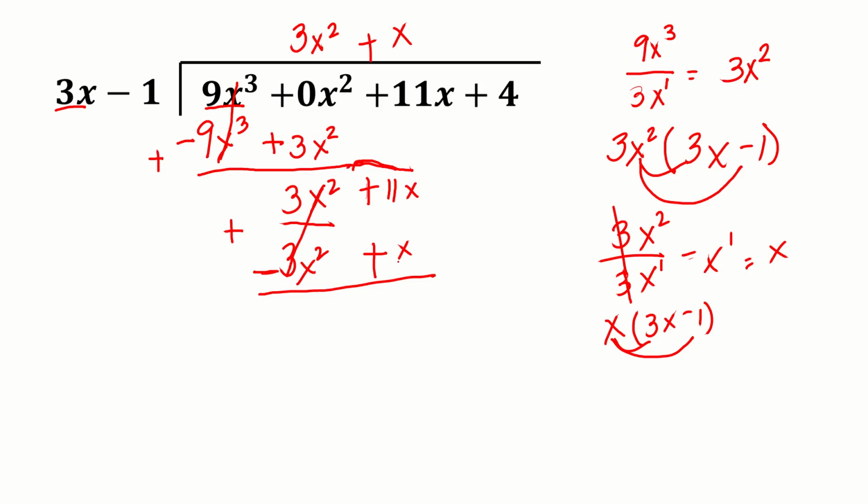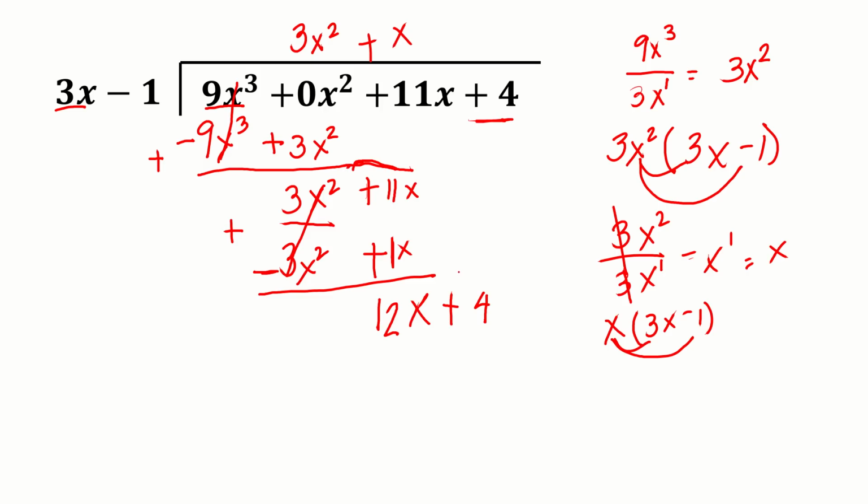Then 11x plus x, tandaan po na ang variable na x, may imaginary na 1 yan dyan sa unahan. So copy lang yung x, then add the two numbers. 11 plus 1 is 12x. Then bring down the last term nung dividend. So plus 4.